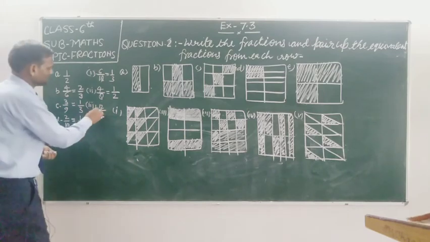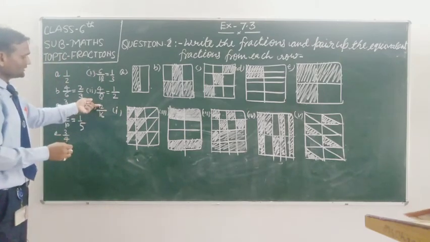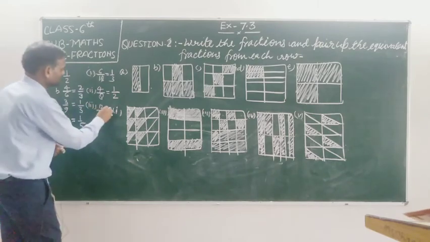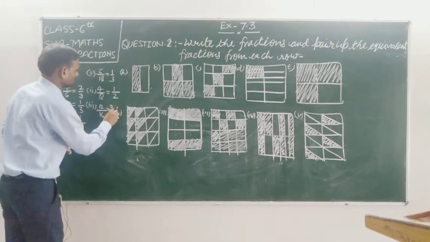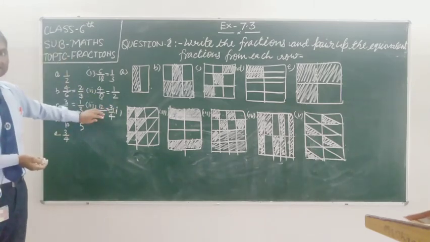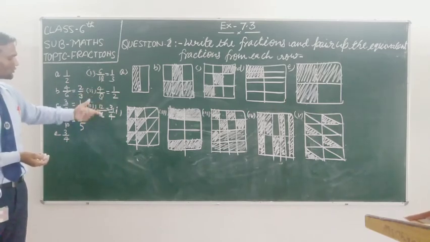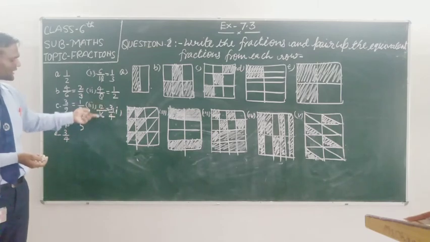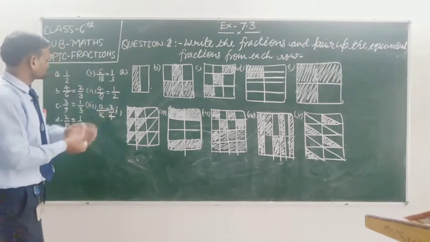And when you make the simplest form of 12 upon 16, we get 3 by 4, because 12 and 16 are coming in the table of 4. So when we divide 12 by 4 and 16 by 4, we get 3 by 4. It is the simplest form.